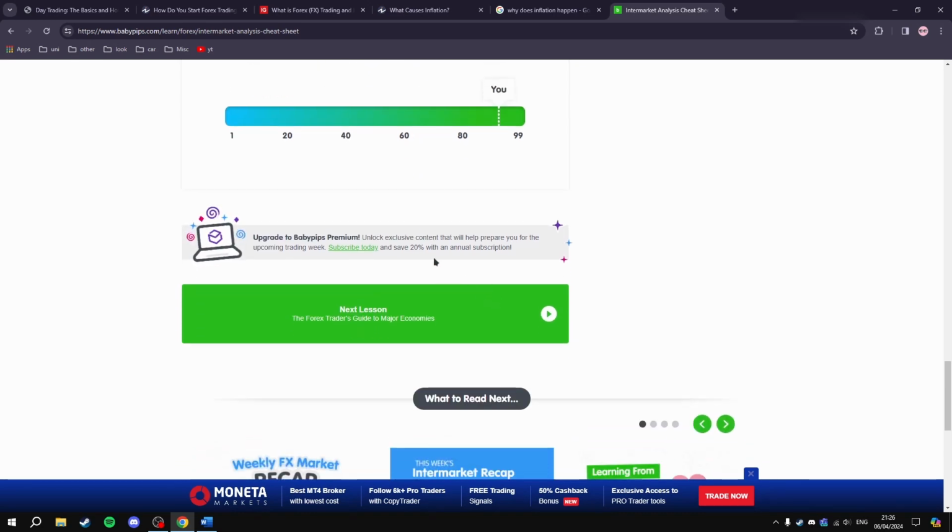I still don't get how USD and JPY is like, even though the economy is stronger, it's not going to result in a stronger currency. That's what I don't get. Okay. Anyways.